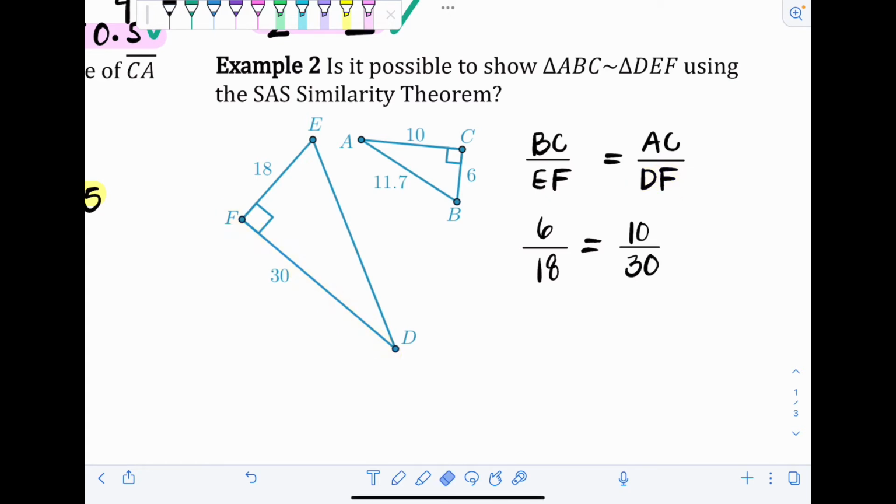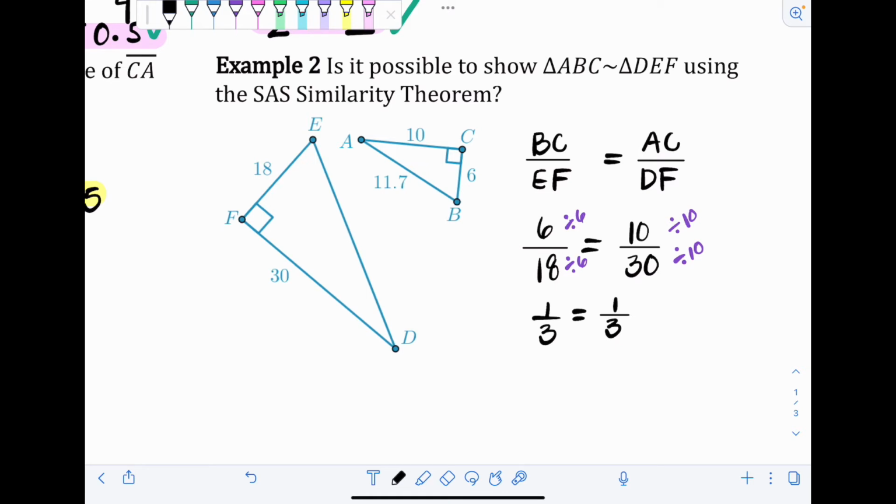Now we can simplify each. Each of these fractions can be reduced. If I wanted to reduce the first fraction, I would divide numerator and denominator by 6, and that would become 1/3. And if I were to reduce the second fraction, I divide numerator and denominator by 10, because that's the common factor. 10 divided by 10 is 1, 30 divided by 10 is 3.